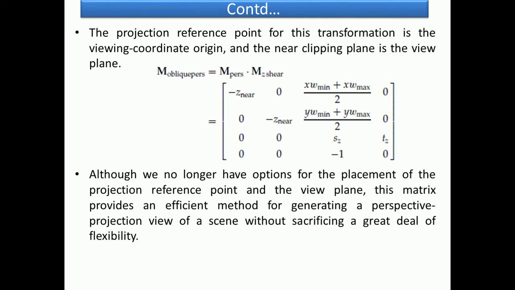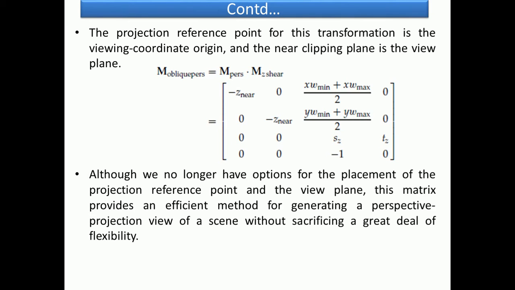Here, concatenating the simplified perspective projection matrix with the shear matrix, we obtain the following oblique perspective projection matrix for converting the coordinate positions in a scene to homogeneous orthogonal projection coordinates. The projection reference point for this transformation is the viewing coordinate origin and the near clipping plane is the view plane.